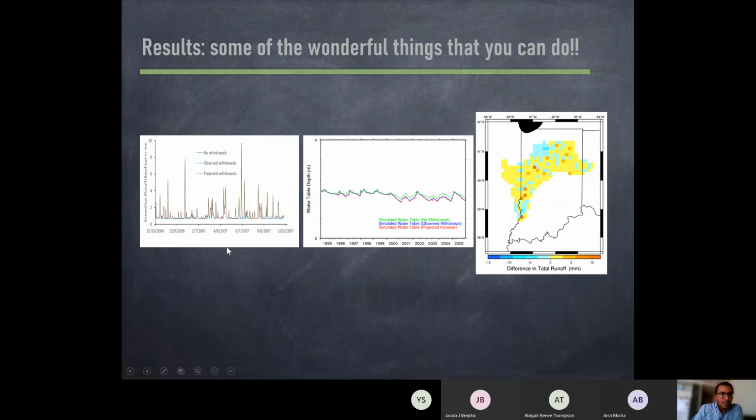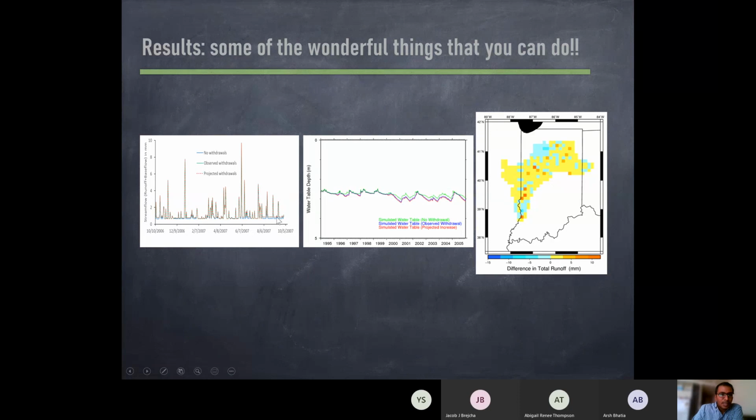On the left I have the stream flow information, and there are three different lines: one for no withdrawal, one for observed withdrawals, and one for projected withdrawals. One blue, one green, and one red dashed line. I know it's hard to follow. But if you are following along, you can see the blue line matches the green line.